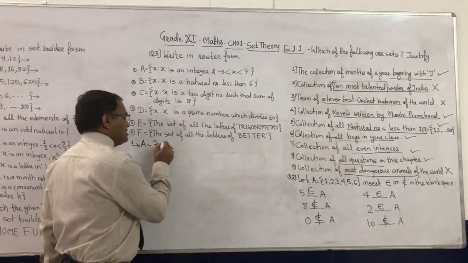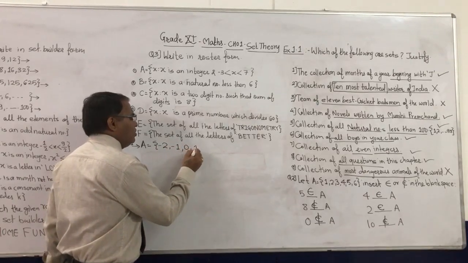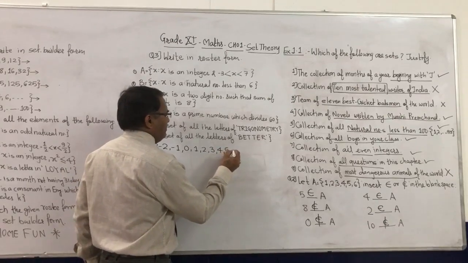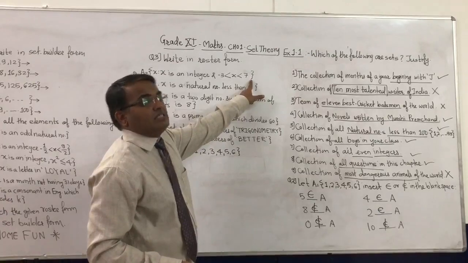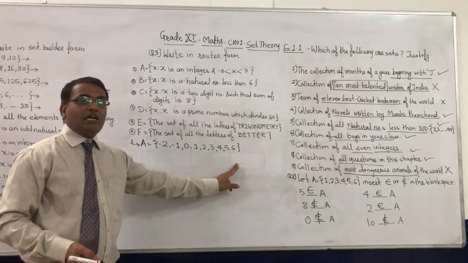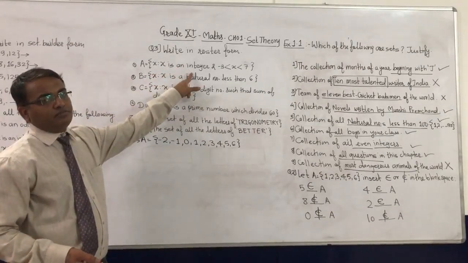Since it is an integer, it will be -2, -1, 0, 1, 2, 3, 4, 5 and 6, because x is less than 7. 6.5 will not come. Why? Because 6.5 is not an integer.